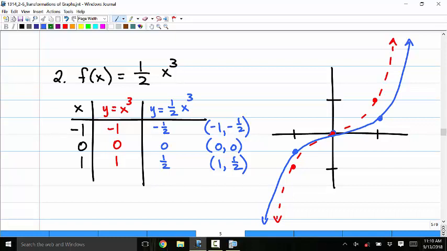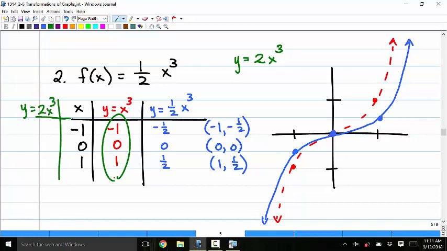If I wanted to graph, say, y equals 2x cubed, here's my parent function. Here are my y values.